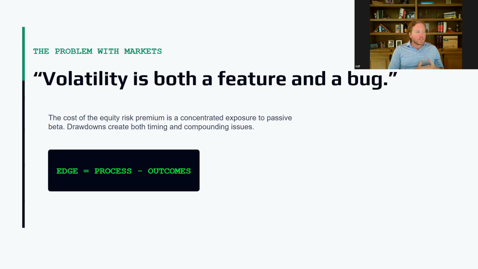So volatility, while it does generate the returns, the cost of the equity risk premium is a concentrated exposure to passive beta. So you're along for the ride when you're long a passive investment structure.